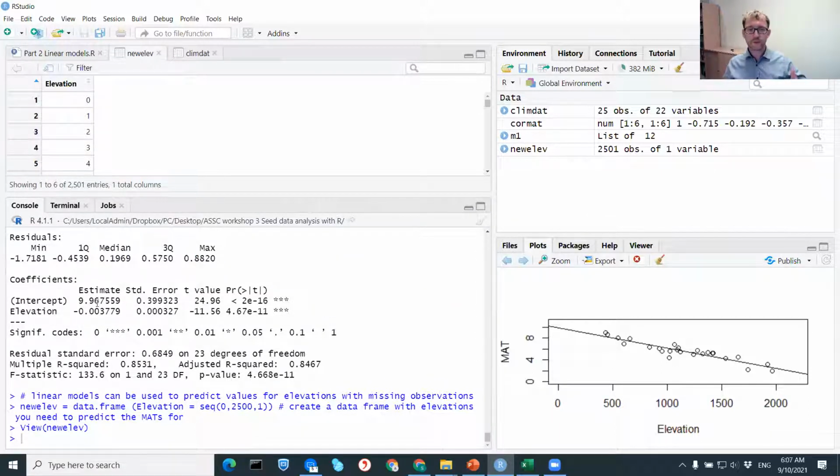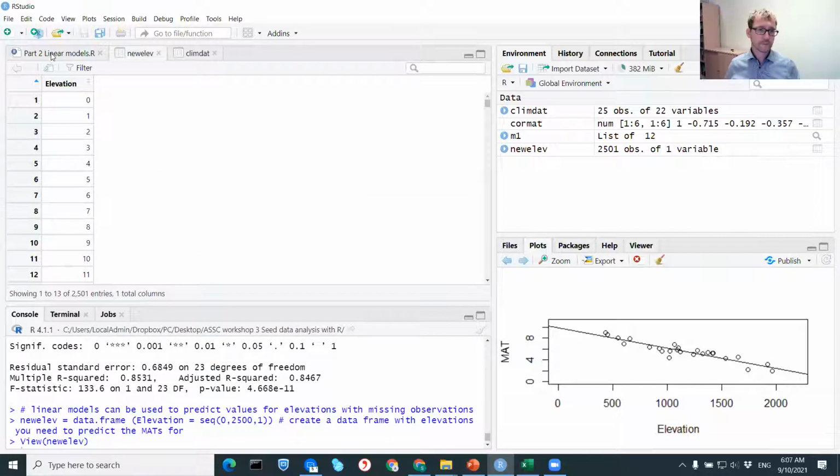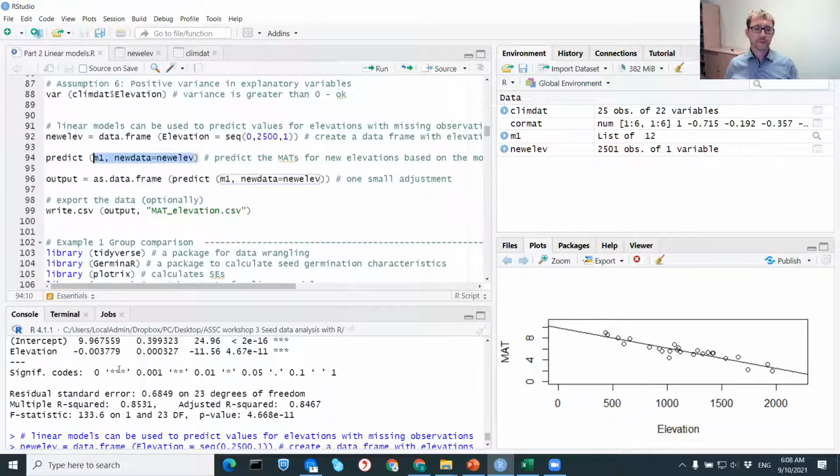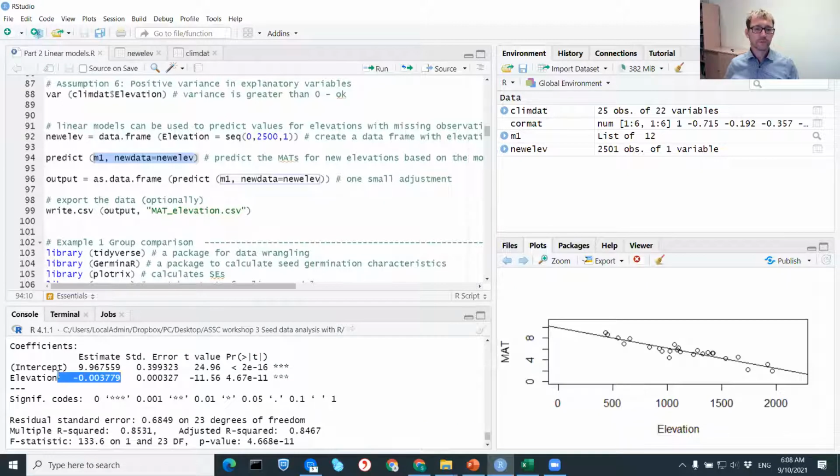Because the linear model tells me this is the rule how elevation and mean annual temperature are related to each other. I'm going to use here this predict function. So basically I tell the software, please use the numbers, the rule from the model, and use a new data set I have just created.